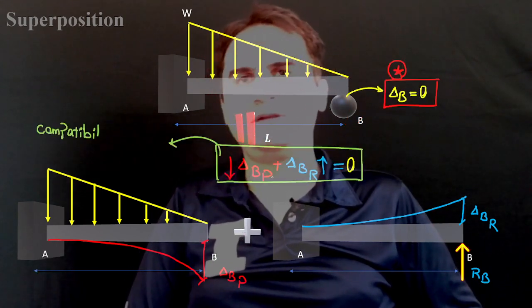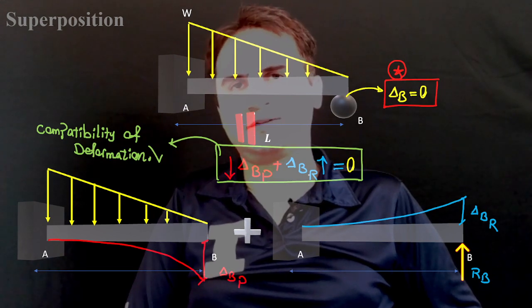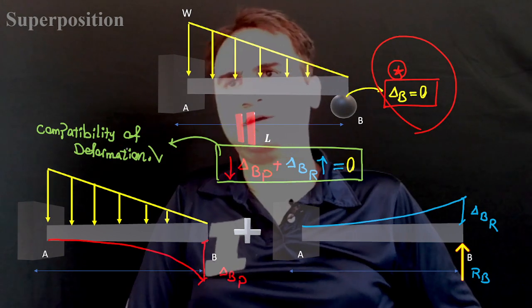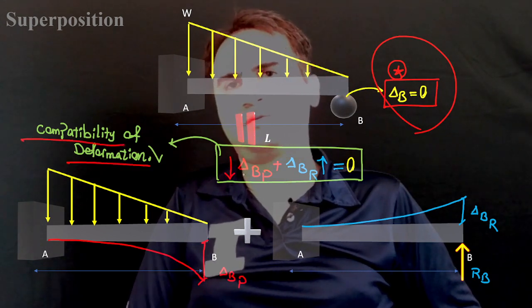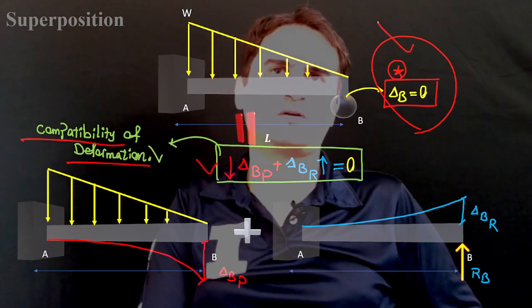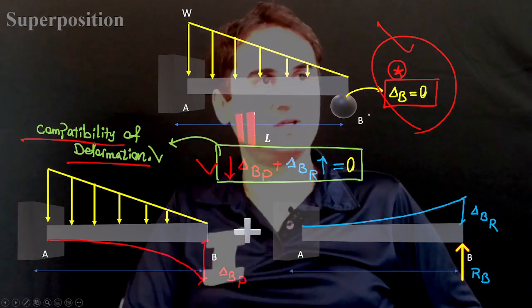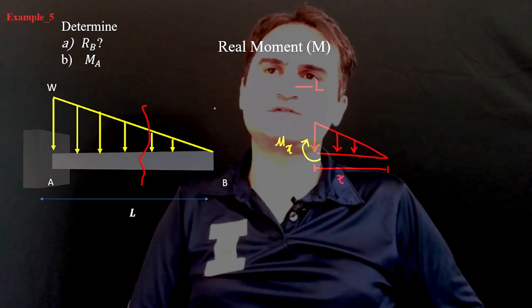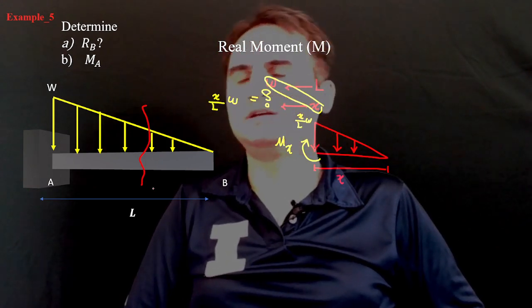Again, delta B due to the force plus delta B due to the reaction should be 0, and that's the key point. Compatibility of deformation gives us this equation, the support condition gives us the second one.